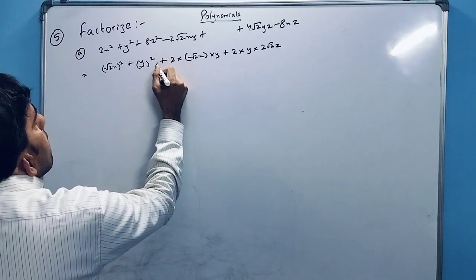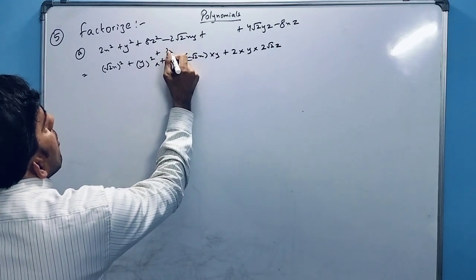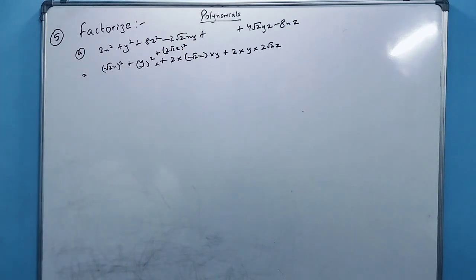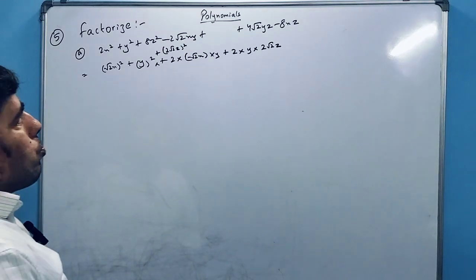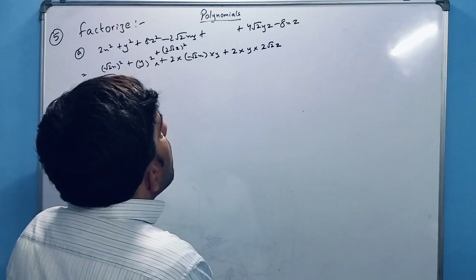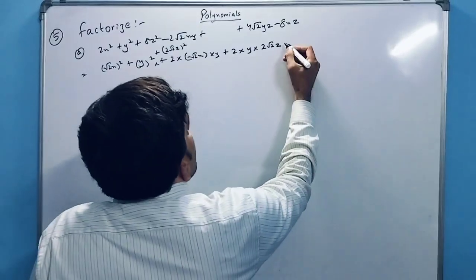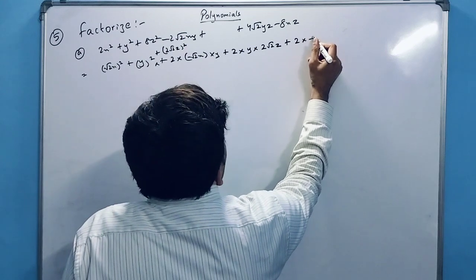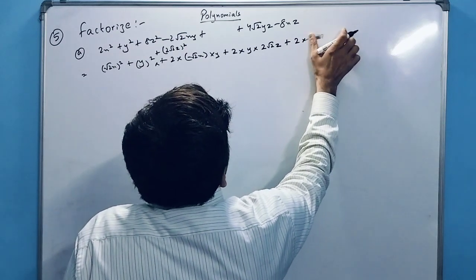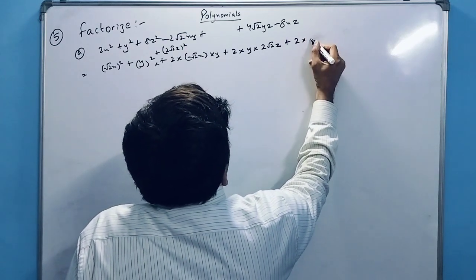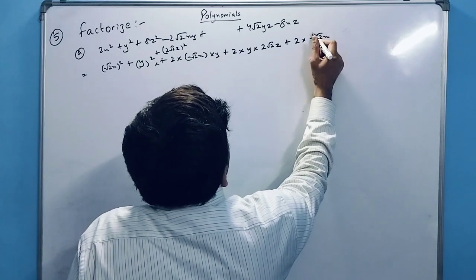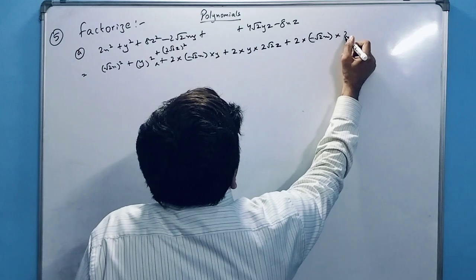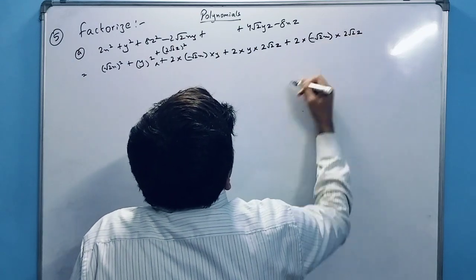So here instead we'll first write (2 root 2 z) whole square. Plus 2 into minus root 2 x into y, plus 2 into y into 2 root 2 z, plus 2 into minus root 2 x into 2 root 2 z.